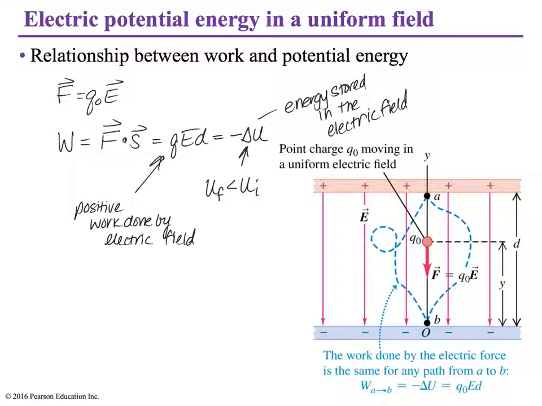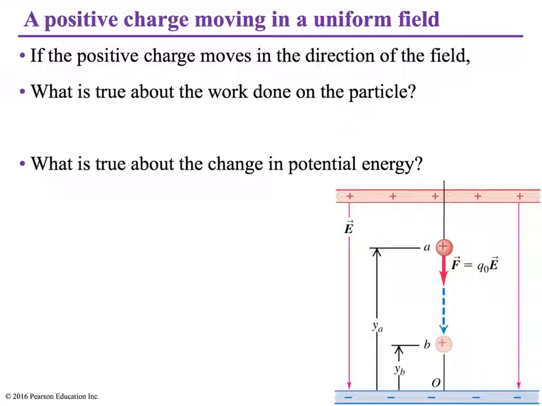Now, thinking about that allows us to look at some special scenarios. For instance, when we think about the positive charge moving in this electric field, so say the charge went from point A to point B, the work that was done was equal to QE times delta y. And that's a positive amount of work.